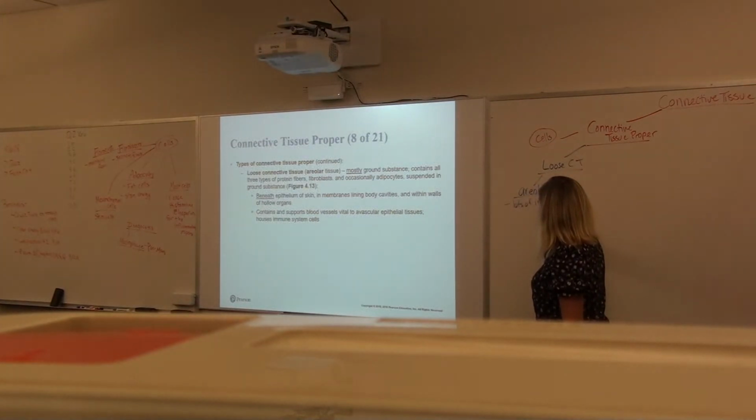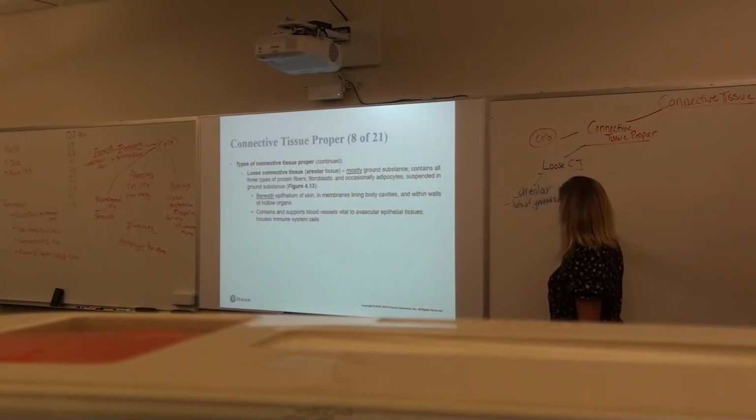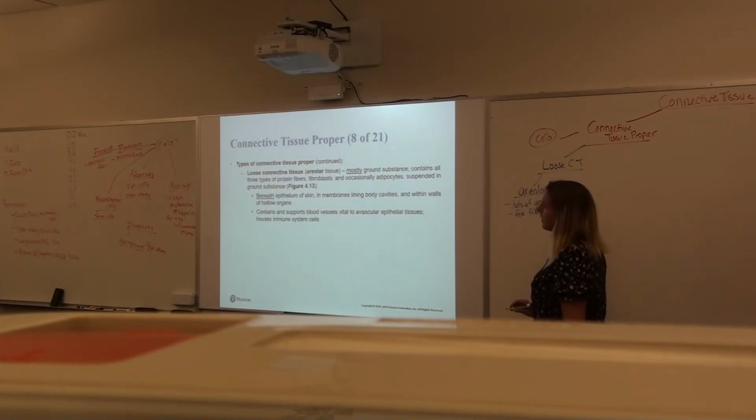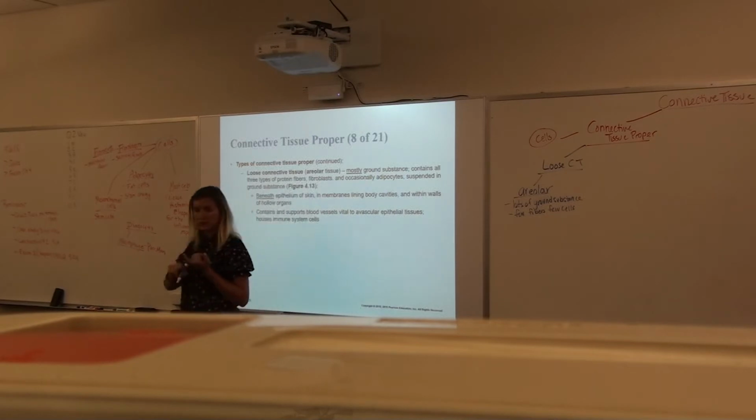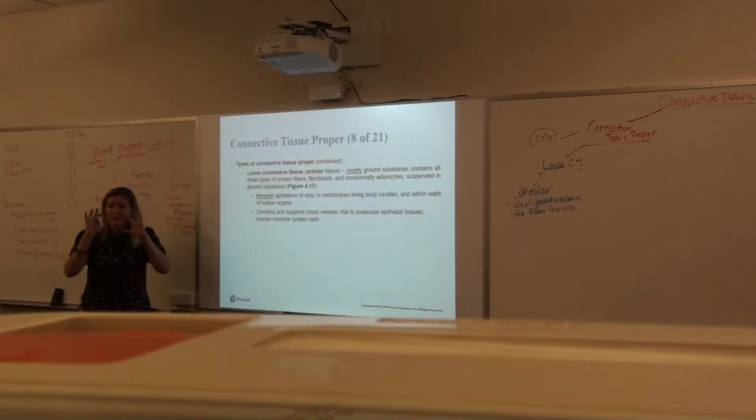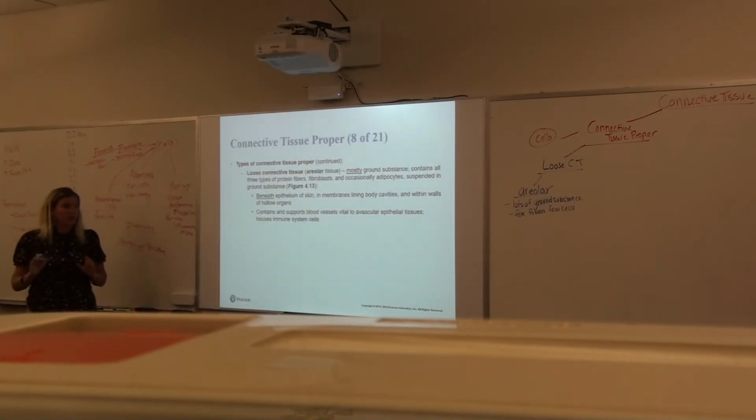Lots of ground substance, meaning lots of the fluid component, few fibers, few cells. Irregular connective tissue is found beneath the skin. It's also found lining some membranes. It's the ultimate packing material in our body.